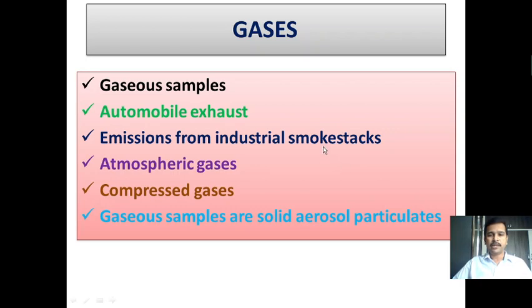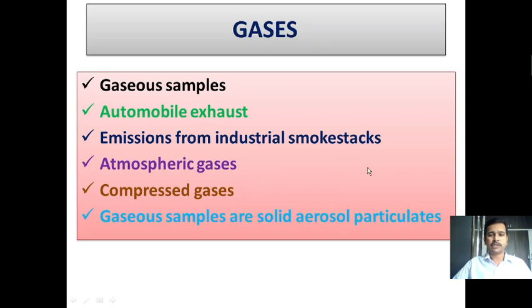Atmospheric air is polluted to the maximum extent by these two components, automobile exhaust and industrial smokestack discharges. Even water is polluted to the maximum extent due to industrial activities.